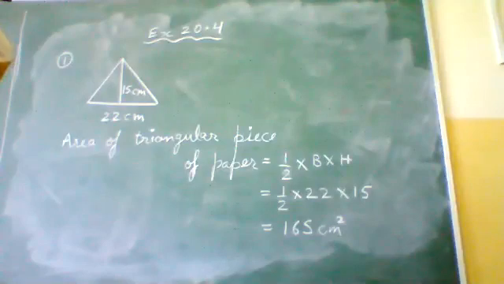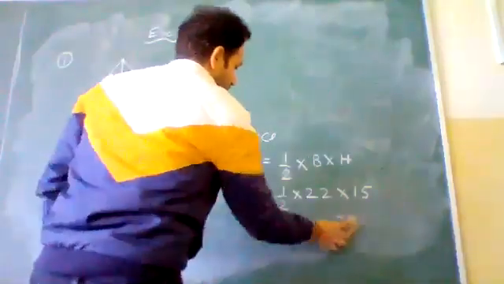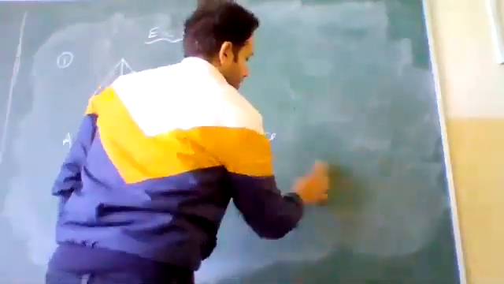Okay, let's do the third one if you all have done the second one also. If you need any help, you can ask in the second one. I'm doing the third one now. In the third one, my answer is coming 169 centimeters.